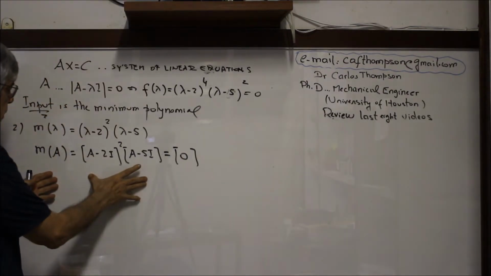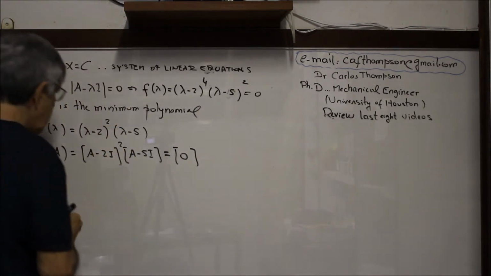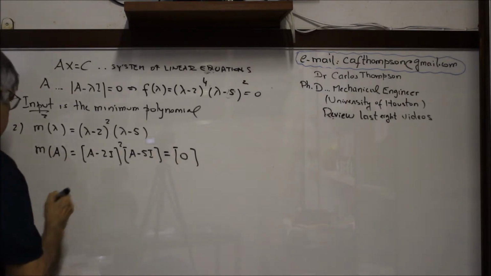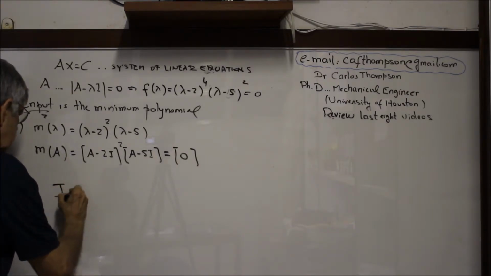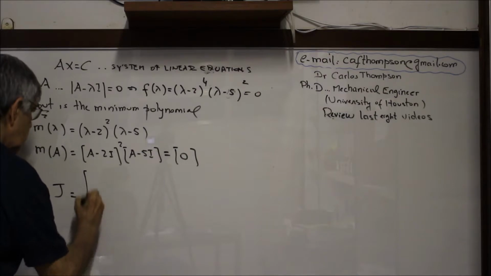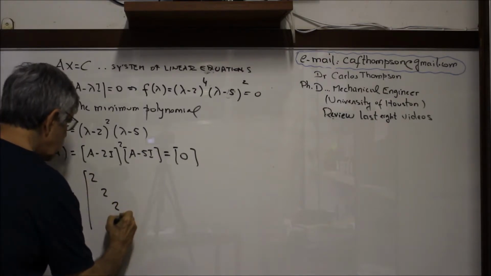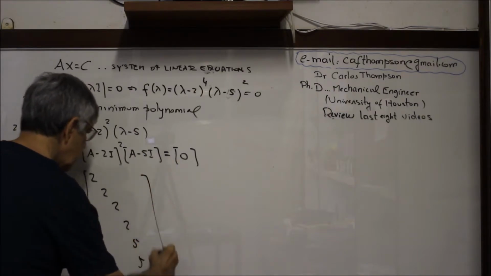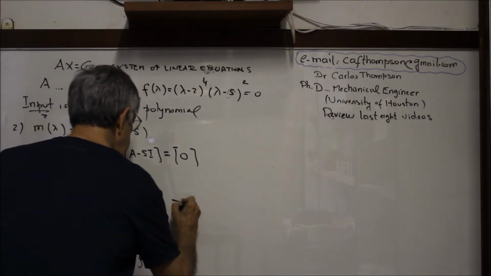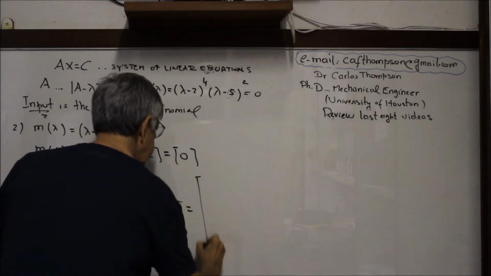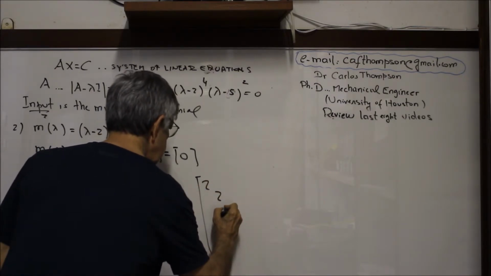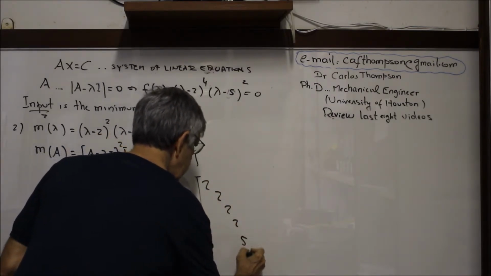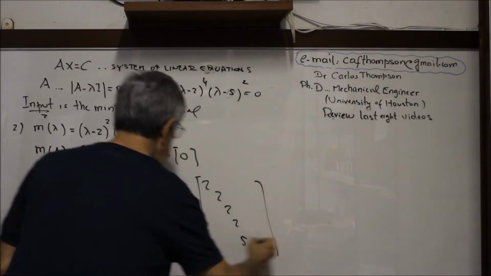So the answer for this minimal polynomial will be J equal to 2, 2, 2, 2, 5, and 5.